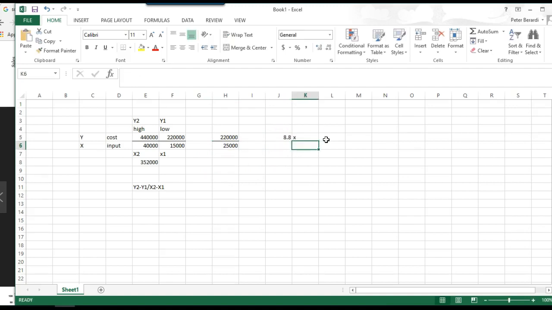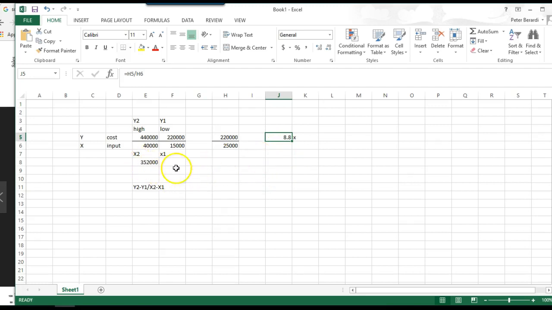This is your mx in y equals mx plus b, the variable part of your cost equation. What it's saying is, for any additional input of x, whether it's direct labor hours or machine hours, or any input you decide to use, y will increase by 8.8.